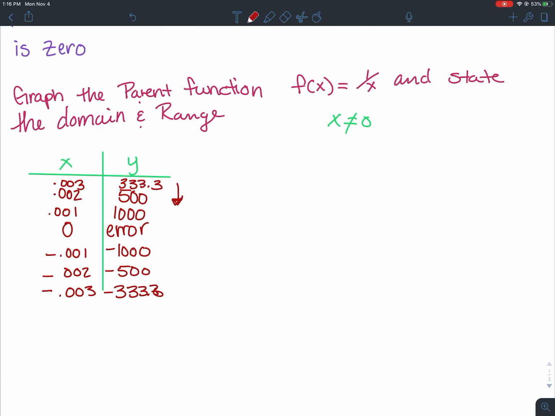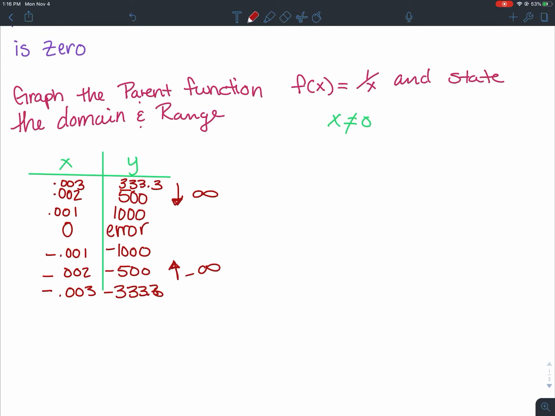If they're getting really, really big, what does that mean? Oh my goodness, it means infinity. But on the other side, they're getting really, really big but negative. So that means negative infinity. That's my end behavior when I'm getting closer to 0.